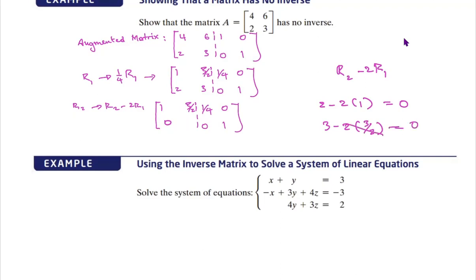So once you get 0 all over this, it's a sign that something would be wrong. And also, R2: 0 minus 2 times 1/4, so that is negative 1/2.